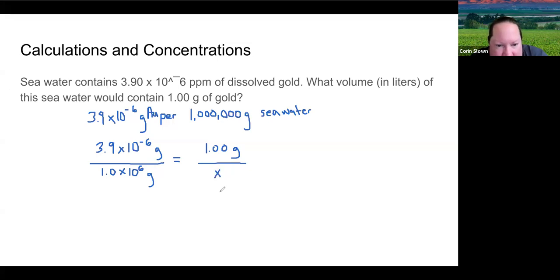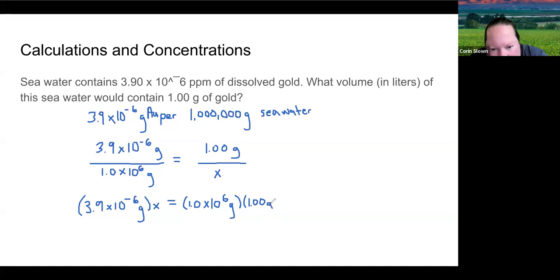And how do I solve for a problem like this? Well, I cross multiply, so I have 3.9 times 10 to the negative 6th grams times x, and that's going to be equal to 1 times 10 to the 6th grams times 1 gram. And then in order to solve, I need to get x by itself.